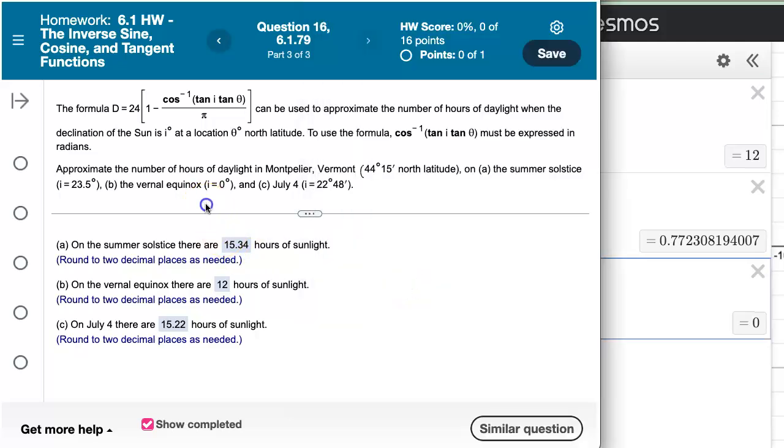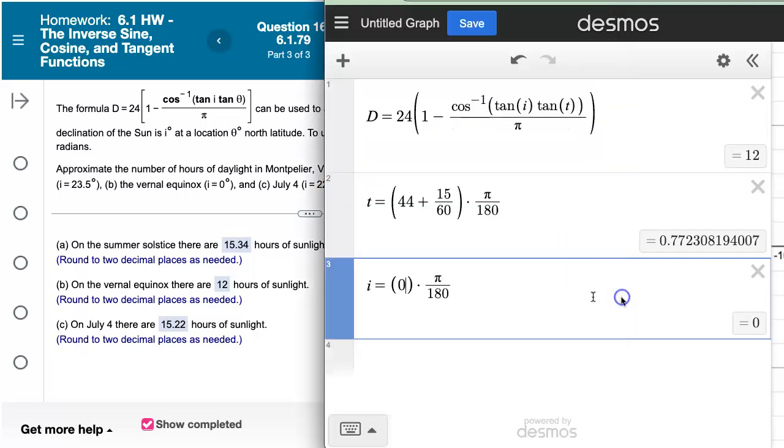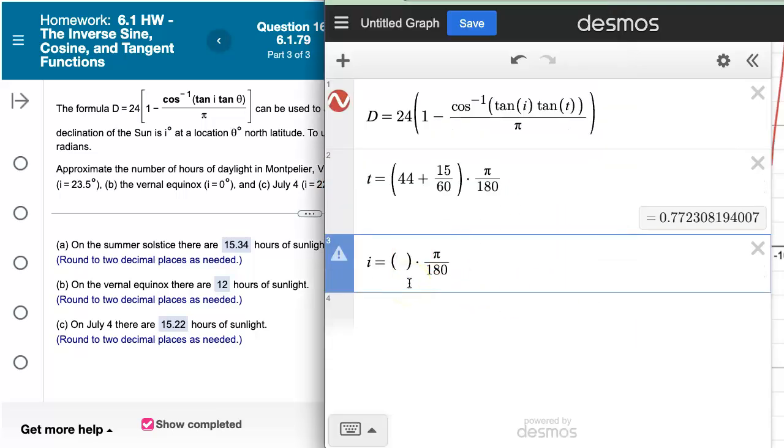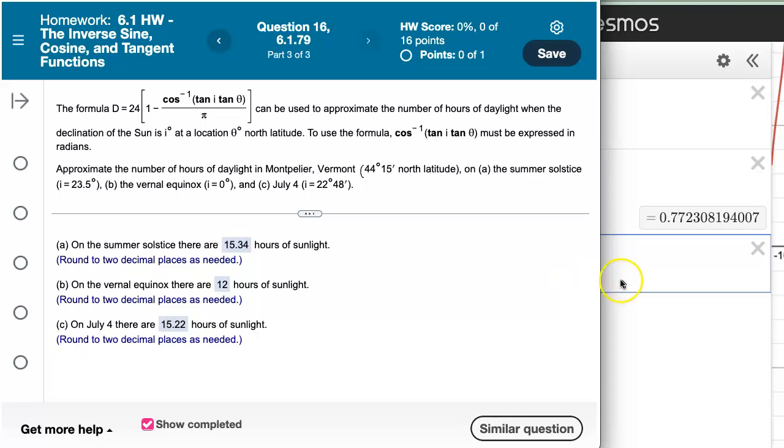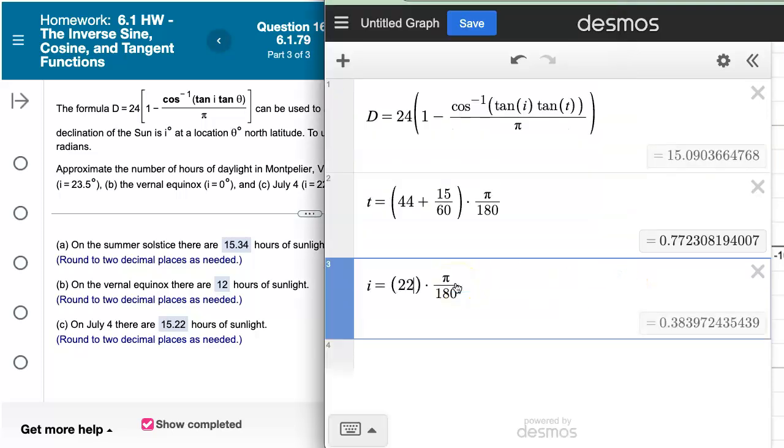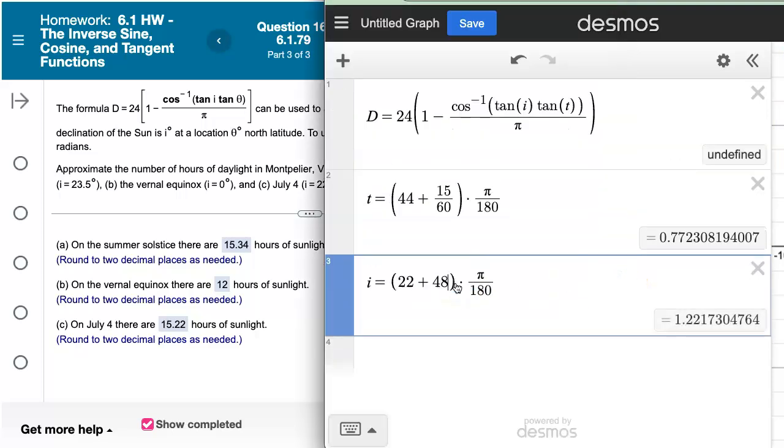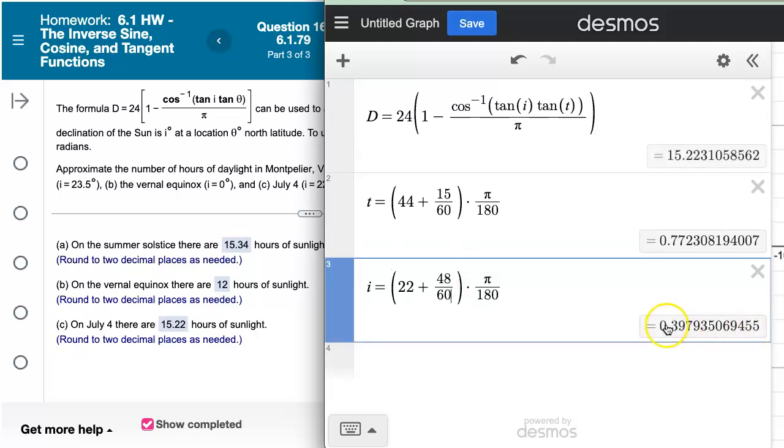Again, I think the next one was 22 degrees and 48 minutes. Instantly I is updated and instantly D is updated as well.